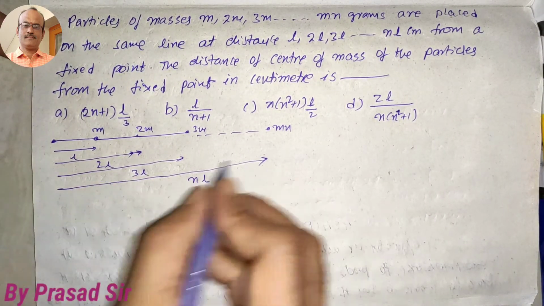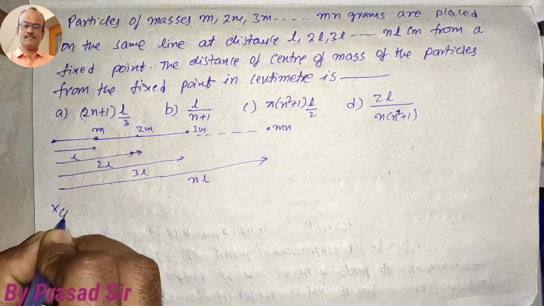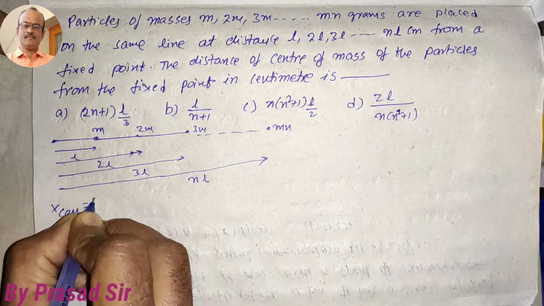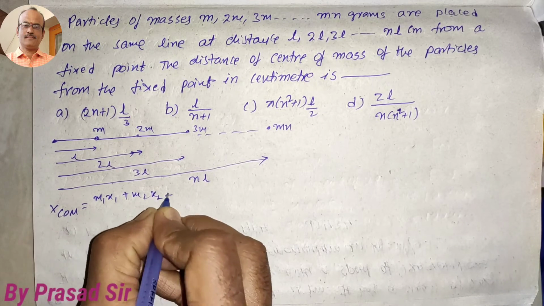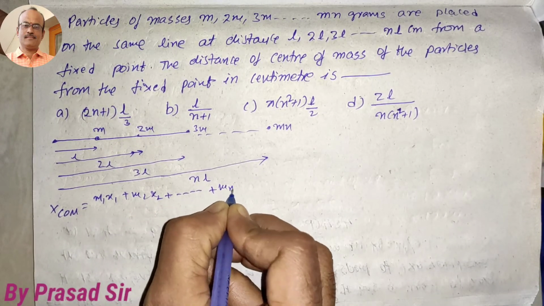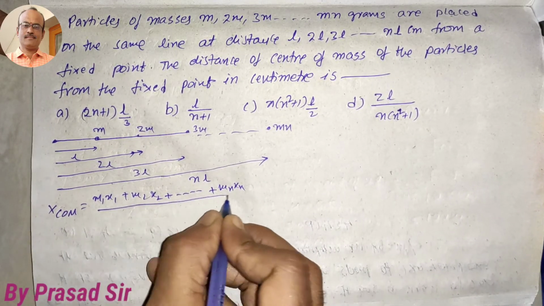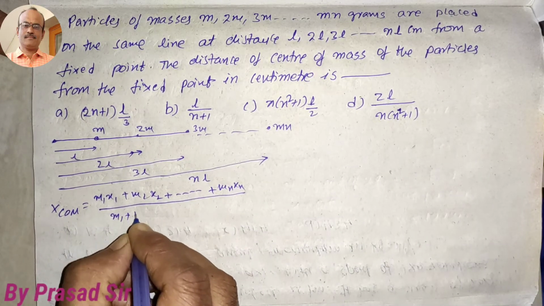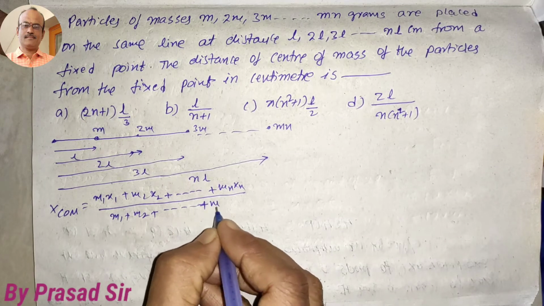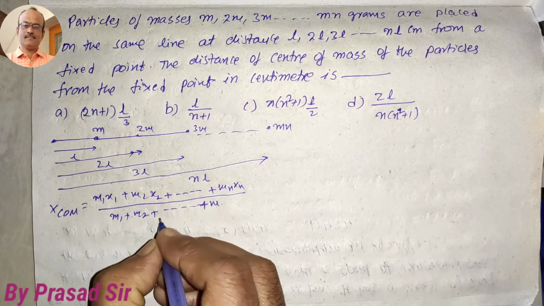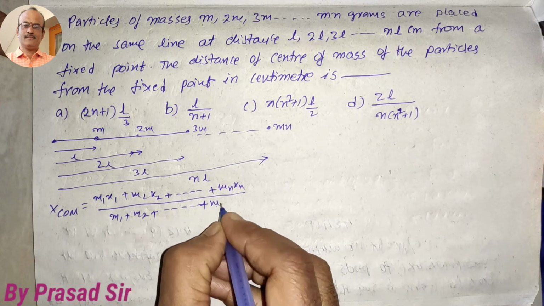Now here along the x-axis, so that's why x center of mass is equal to m1 x1 plus m2 x2 plus ... plus mn xn divided by m1 plus m2 plus m3 plus ... plus mn.